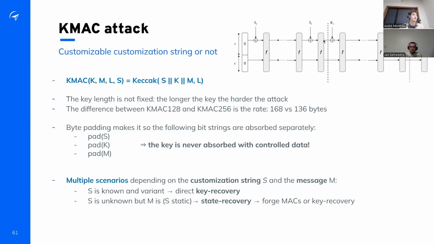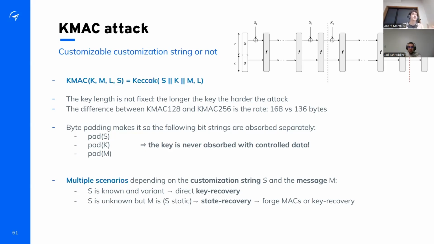However, if S is unknown or it is static, it must be static for the attack to work, but M is known and variant, the attacker would have to wait for the key to be fully absorbed and the message to start being absorbed before doing the differential attack. And this would lead to state recovery.